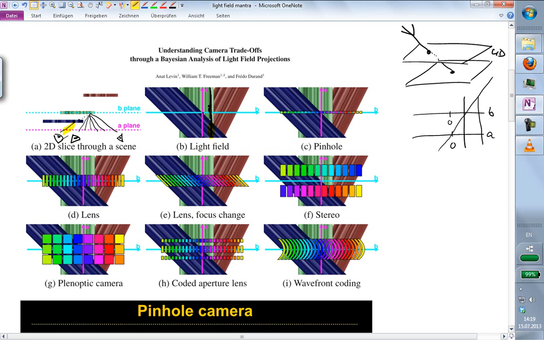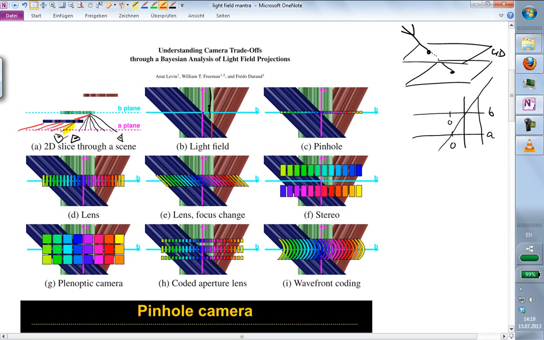Let me take red to show it. This is exactly the blue values that you observe down here, as I consider more and more extreme rays that are all intersecting the B plane at the same position, but I'm seeing different parts of the blue object.